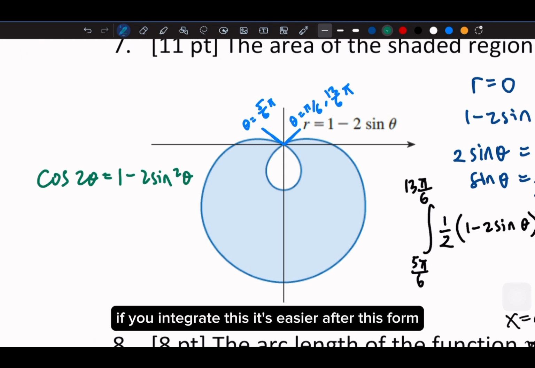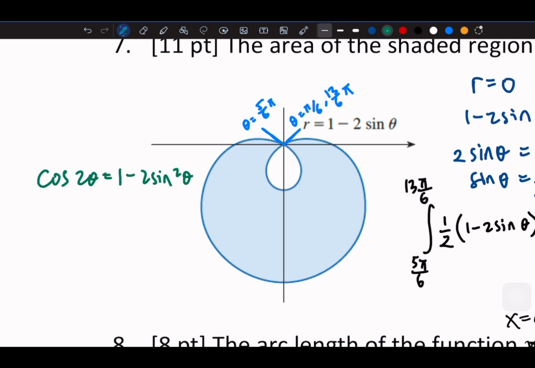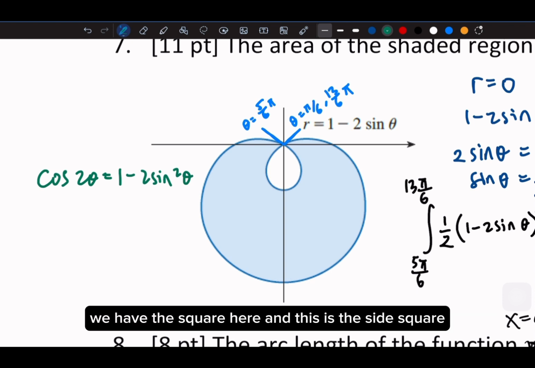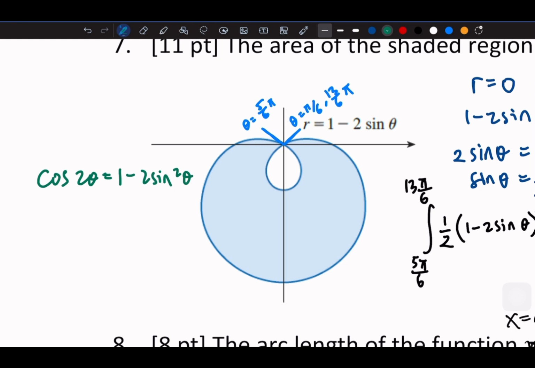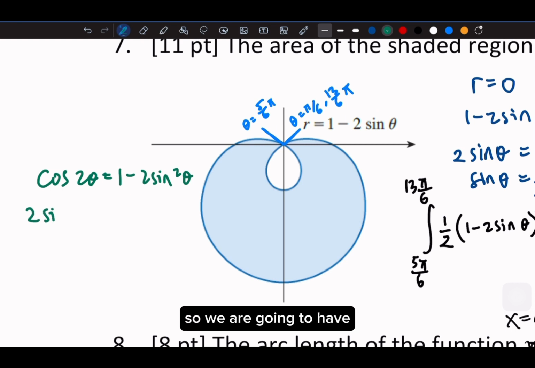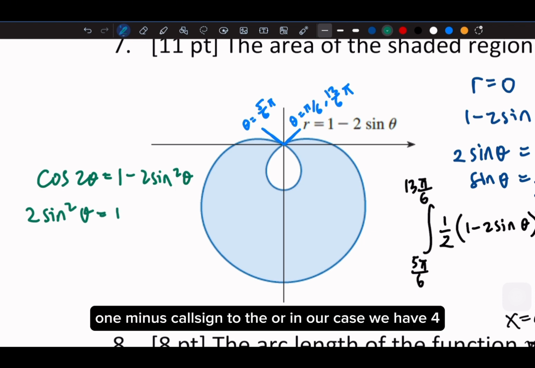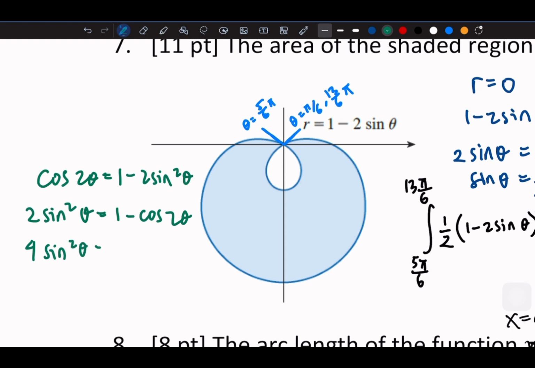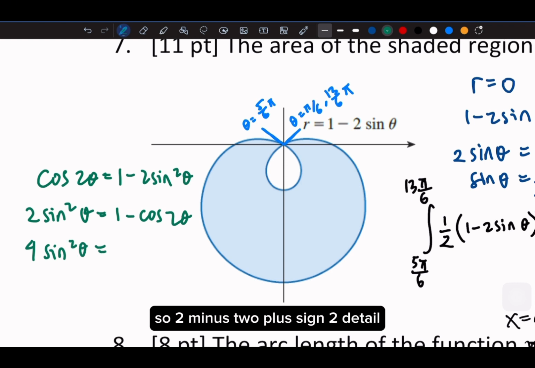If you integrate this, it's easier, right? In this form. Because when we integrate this, we have the squared here, this is the sine squared. So we are going to have 1 minus cosine 2 theta, or in our case, we have 4, which means we need to multiply by 4. So 2 minus 2 cosine 2 theta.